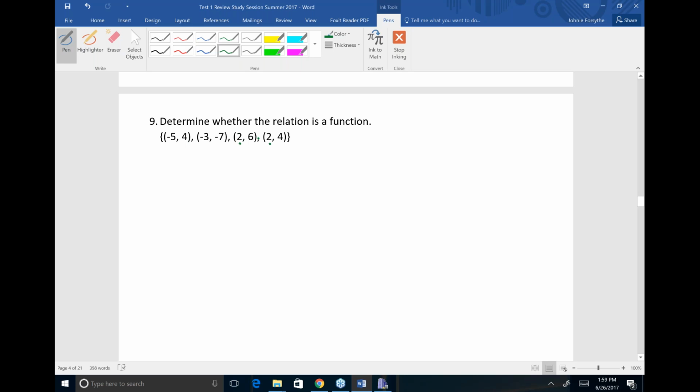What this relation of numbers is saying is that, because your x is your input, your y is your output, if you were to input the number 2 into an equation, it could give you a 6 or it could give you a 4. That can't happen for it to be a function. So the quick way to check this is if you have duplicates in your x's and they give you different y's, that means it's not a function.